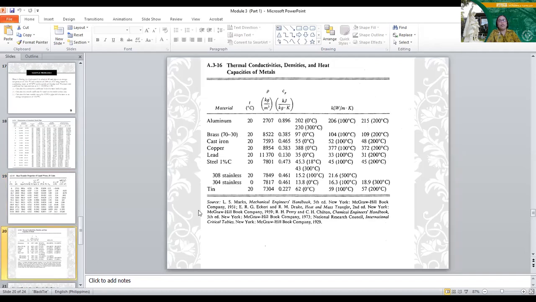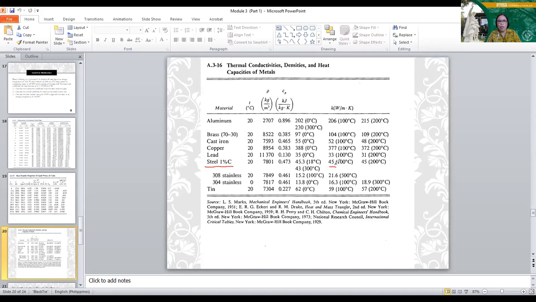Okay, this is the particular appendix in Geankoplis where you can find the thermal conductivity constant of commonly used materials. In your handbook, class, this also has an equivalent. So for steel, we'll use the steel which has 1% carbon, and the thermal conductivity constant is this one, 45.